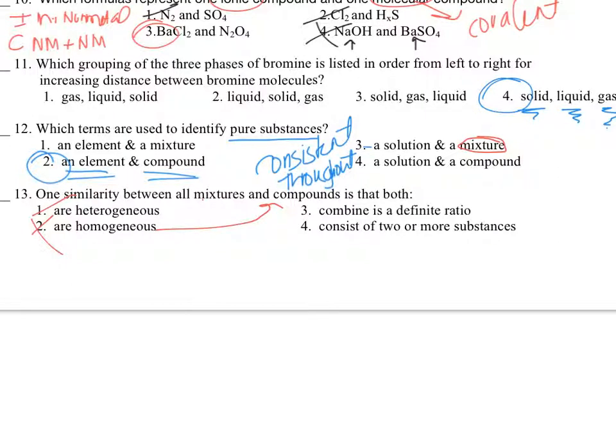So that one's not true either. Combined in a defined ratio, this would be only compounds. So that one's not correct. And consist of 2 or more substances. Yeah, so in order to be a mixture, you have to have something to mix with, and in order to be a compound, you have to be combined with something. So 4 is our answer.